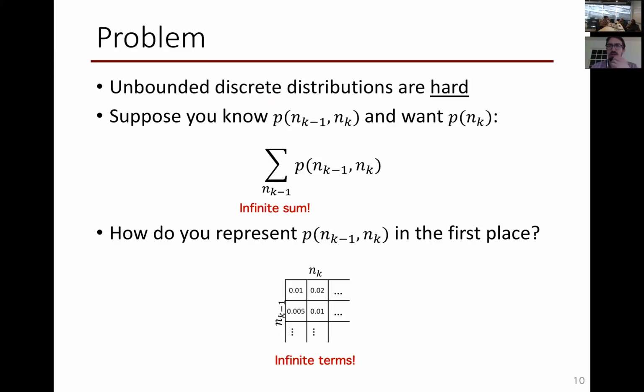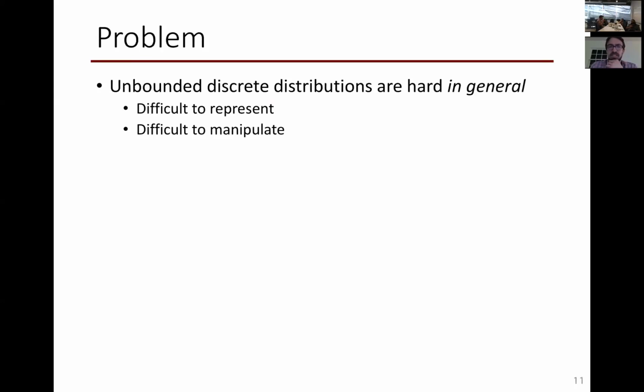So there's no clear way to represent these either. And this isn't just a specific detail of how we set this model up. This is true of unbounded discrete distributions in general. There are really no good tools for manipulating models that include these kinds of latent variables.